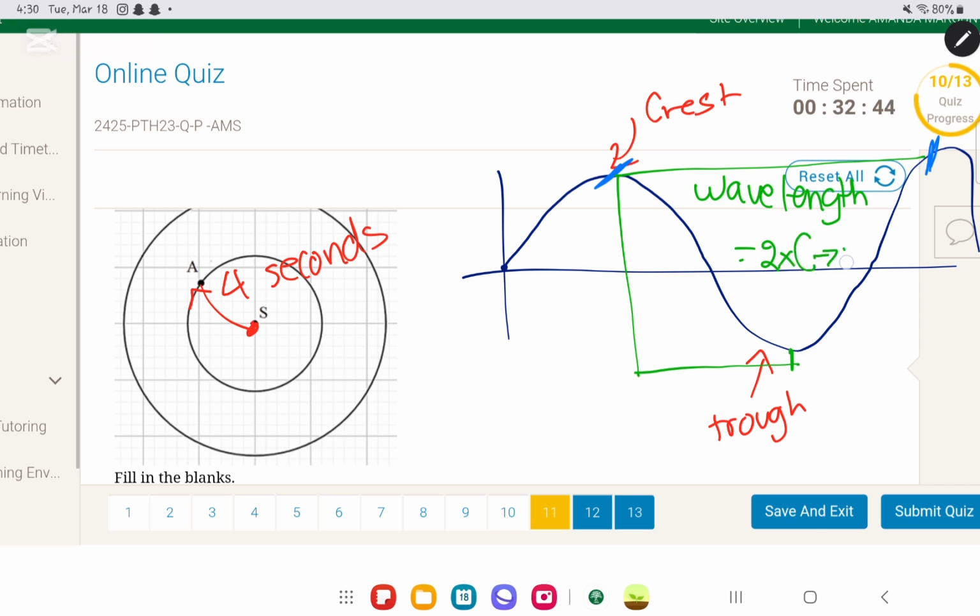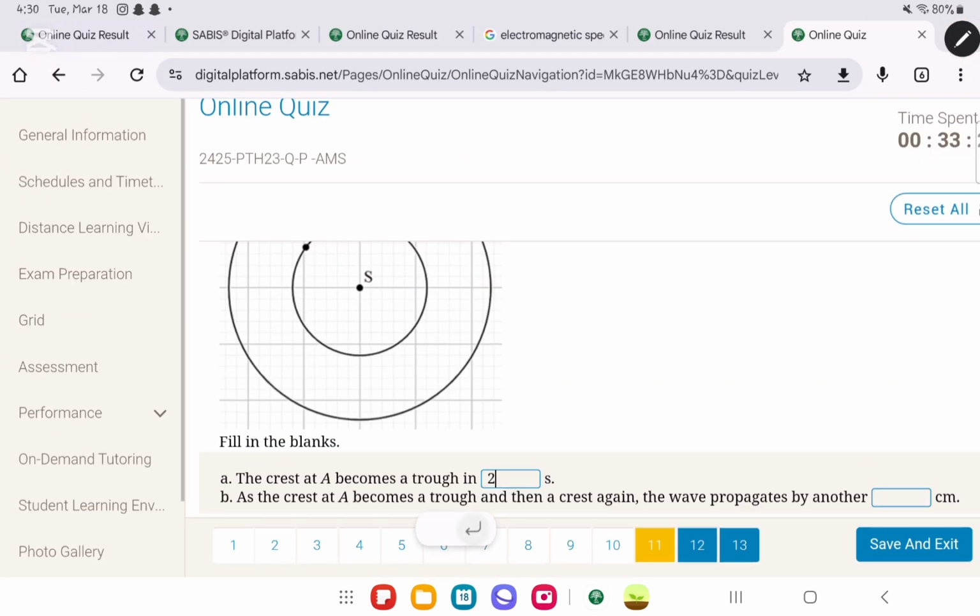So I will write C to T. Now the wavelength took 4 seconds. We know that it's double the distance from the crest to the trough. If it took from crest to crest 4 seconds, then for sure it's gonna take from crest to trough 2 seconds. All right, so over here it's gonna be 2 seconds.